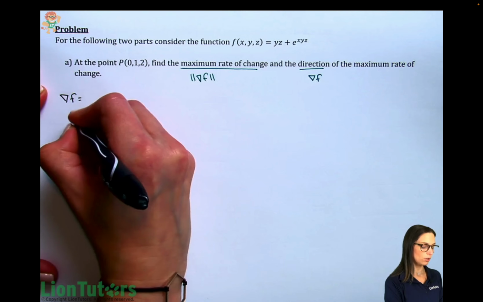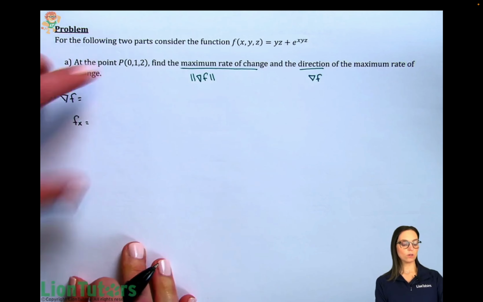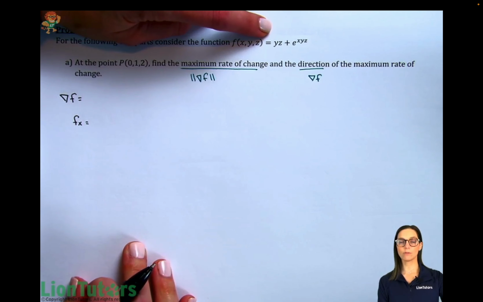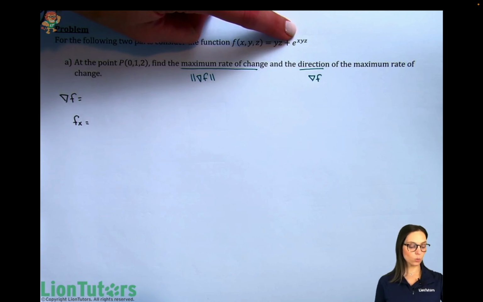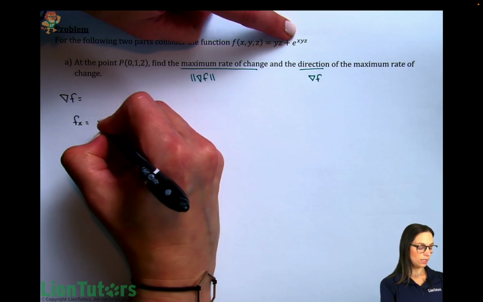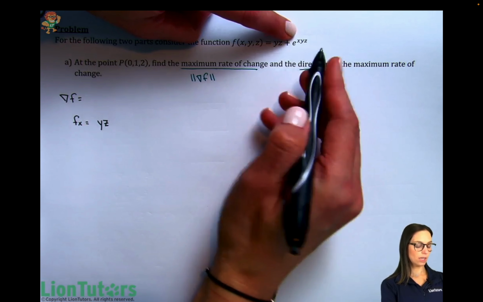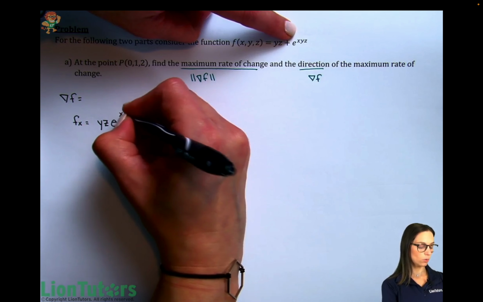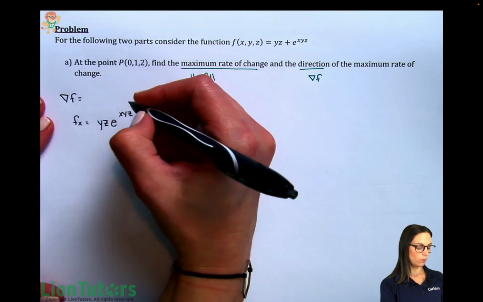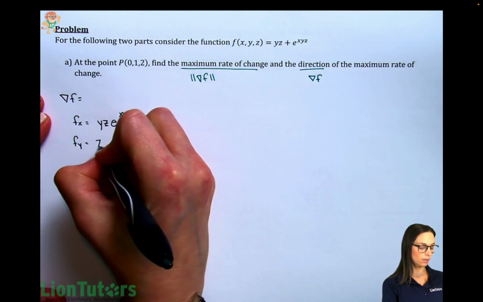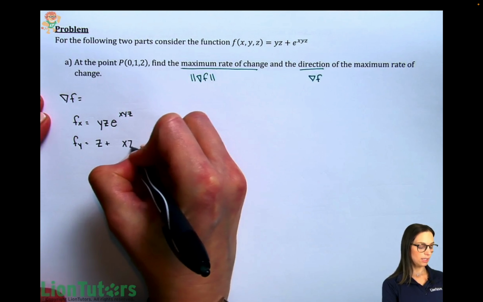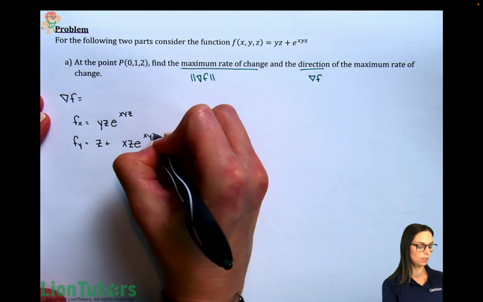the first thing we need to do is compute some partial derivatives. So if we take the partial derivative with respect to x, that first term will drop out. And then here, if we have e to the xyz, yz will come down in front, and then that'll leave us with e to the xyz. If we take the partial derivative with respect to y, that'll give us z plus xz e to the xyz.